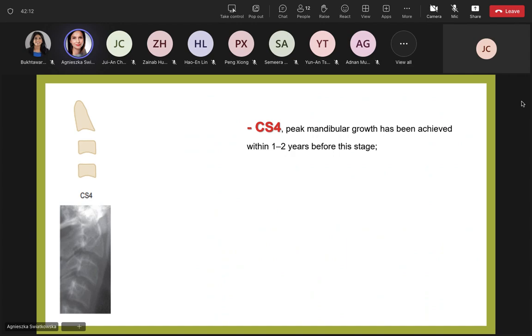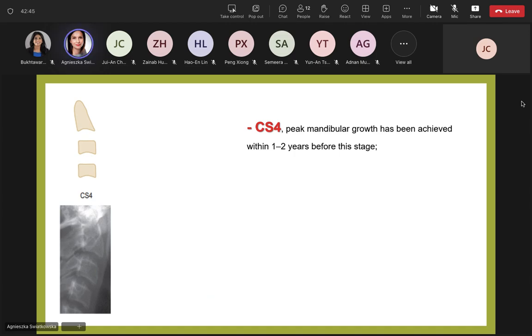For girls, the spurt of growth takes about 1 year. So it's a very short time. And that's why it's so important to start this treatment at the correct moment. For boys, it is much longer, and it takes about 2-3 years.